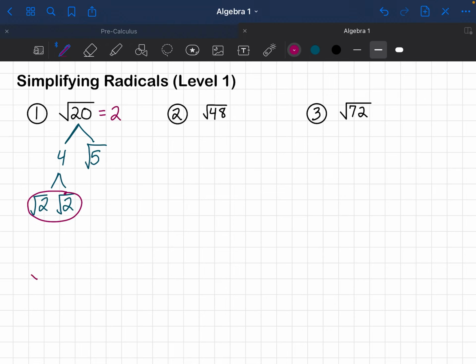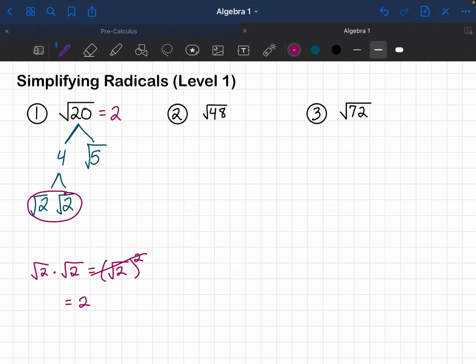That's because when I have the square root of 2 times the square root of 2, that's going to equal the square root of 2 squared, right? Any number multiplied by itself is that number squared. And as we know, the square and the square root are inverse operations of each other. So whoop, gets rid of them, just left with 2. Right? So that's why that happens every time we have a pair.